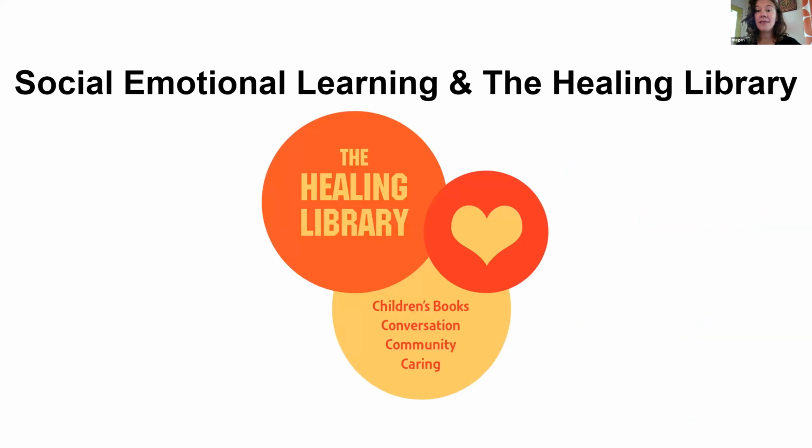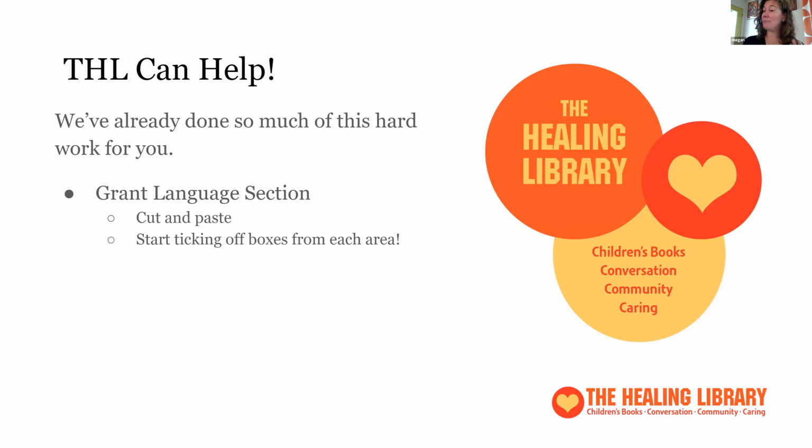So here's the good news. If you were doing this and you got bummed out by a program you thought was checking off boxes that it's not, we've done a lot of this work for you to ensure that every kit is meeting needs in all 5 areas. In the grant language section of our website, you can actually cut and paste. I'm not going to read you all of these.